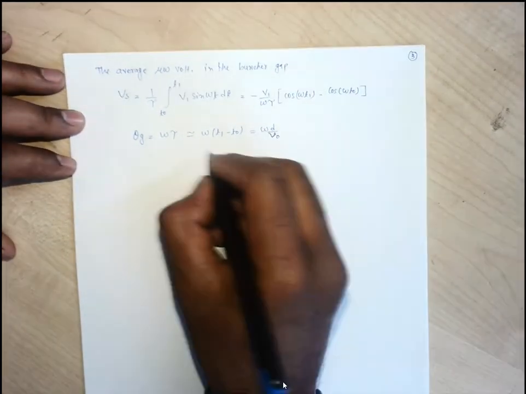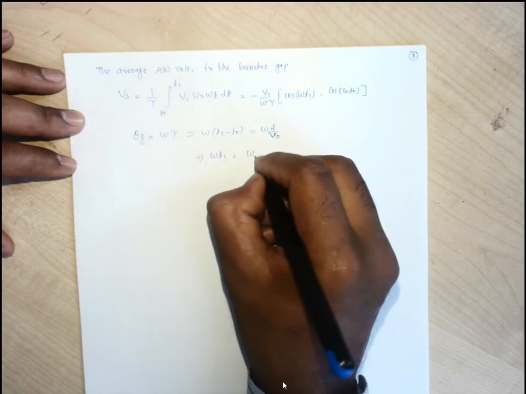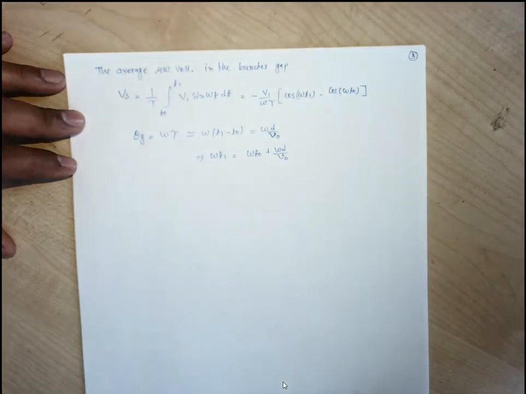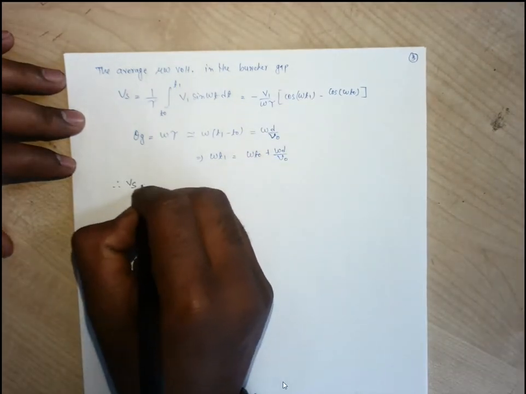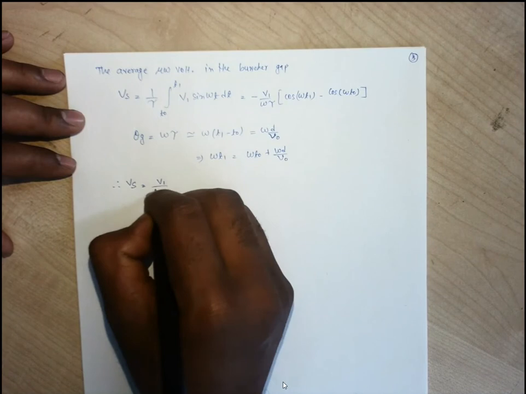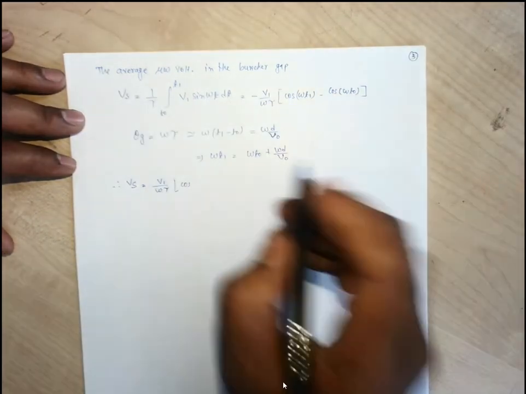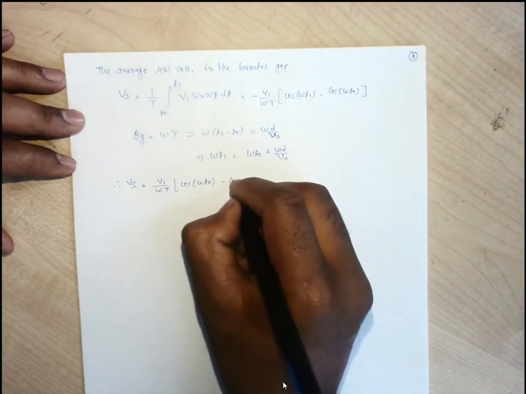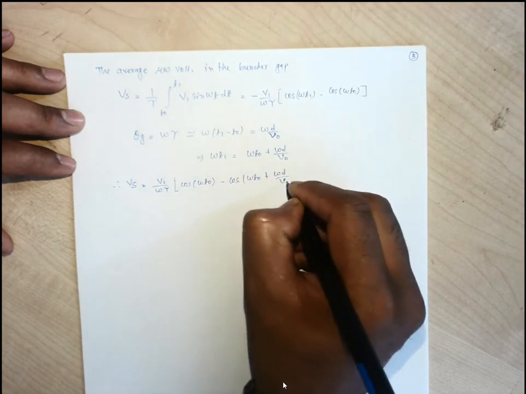So we can write omega t1 equals omega t0 plus omega d by V0, and replace omega t1 by this value. Therefore Vs equals V1 by omega tau times (cos omega t0 minus cos (omega t0 plus omega d by V0)).